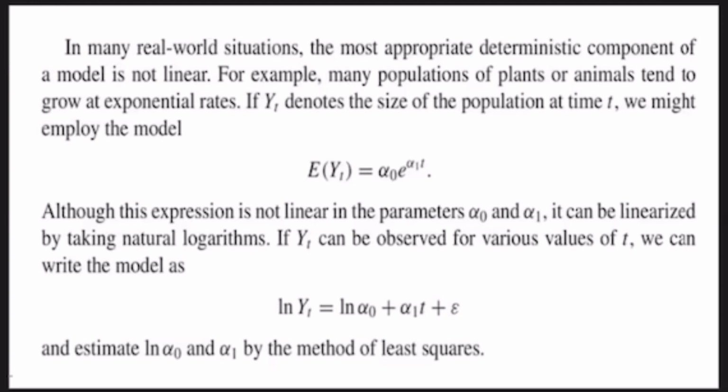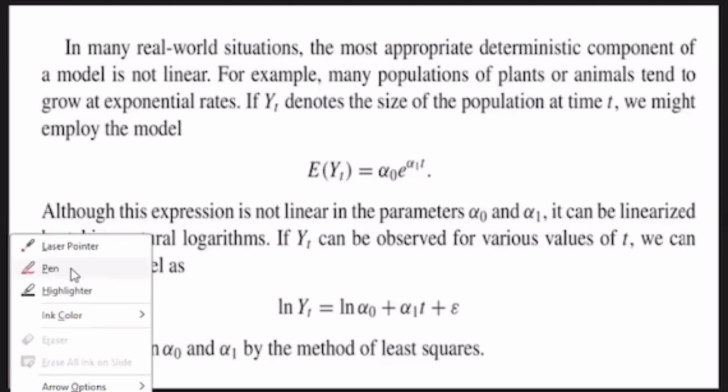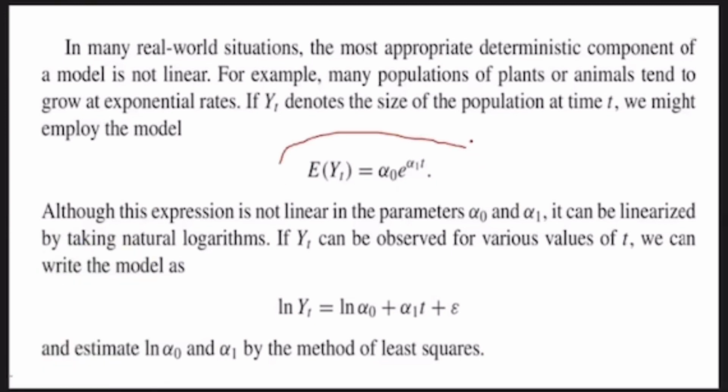So if you denote Y_t to be the size of the population at time t, we might employ this model. If you take a look at this model specification, it does not appear to be a linear one. This is a non-linear one. The one we'll be doing is the linear one.